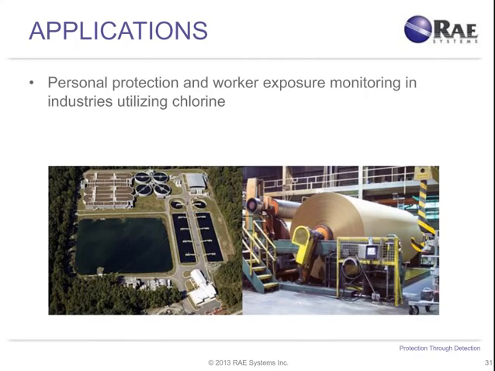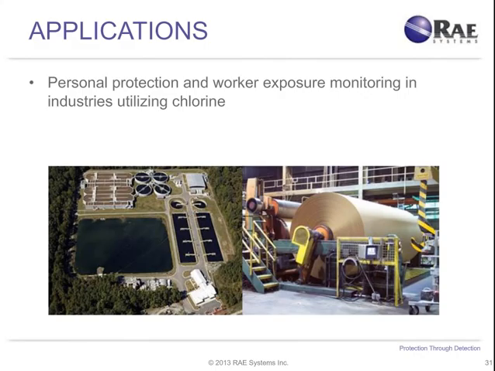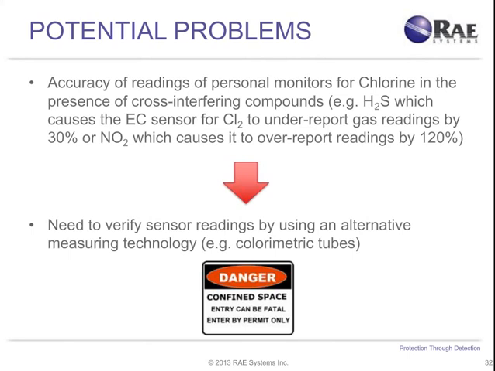If we go to the next slide and look at a situation where there is a need to protect people who can potentially be exposed to chlorine in the various industries that use it, the most important goal is to make sure that people don't get overexposed. If you use the electrochemical sensor for chlorine, like we discussed, that sensor is prone to cross-sensitivity.